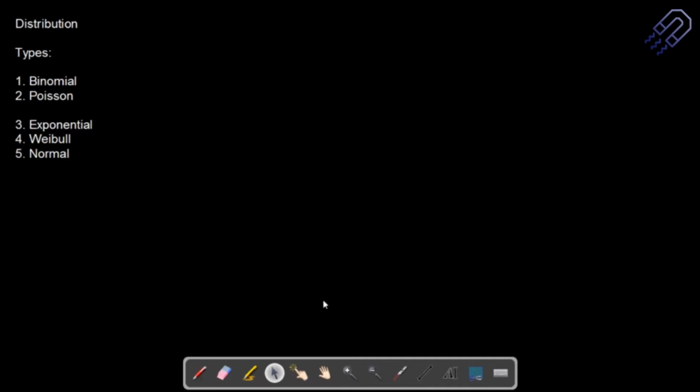There are certain differences between the first two and the last three distributions, and this is what I'm going to list down now. The first two take no more than a countable number of values, so you cannot have an infinite number of values here.